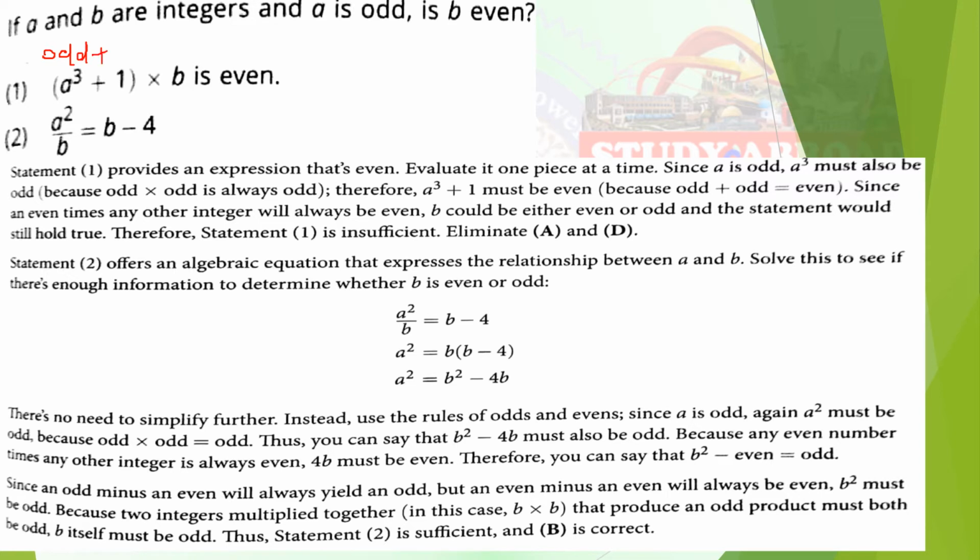Plus 1 is nothing but even. It becomes even, so we don't know the value of B. Either it is odd or even.